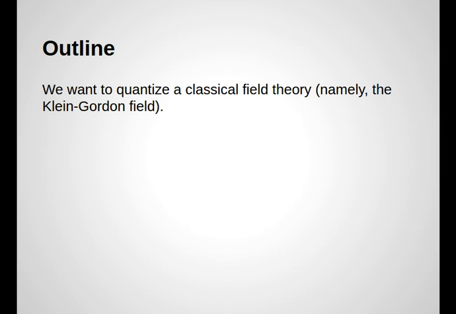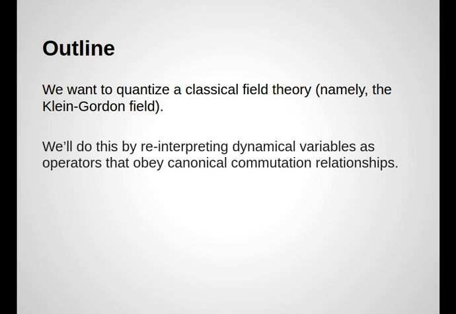So what we want to do is quantize the classical field theory, and like I said, we're going to focus on the Klein-Gordon equation. We're going to do this exactly the way that we quantize things in regular quantum mechanics, which is basically taking any dynamical variables that you have, whether it be position or momentum or angular momentum, and promoting those to an operator, right?